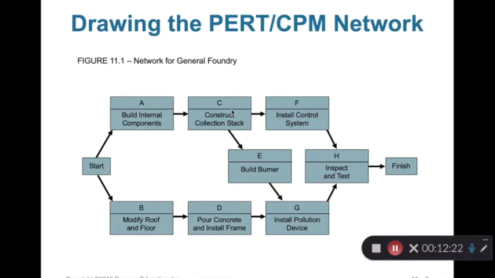But for C, C has an immediate predecessor, which is A. So that's why you can see we use an arc, an arrow, to show this relationship between A and C. The same thing for B and D, because B is an immediate predecessor for activity D. So that's why we do it this way. We use the arrow to show the relationship.